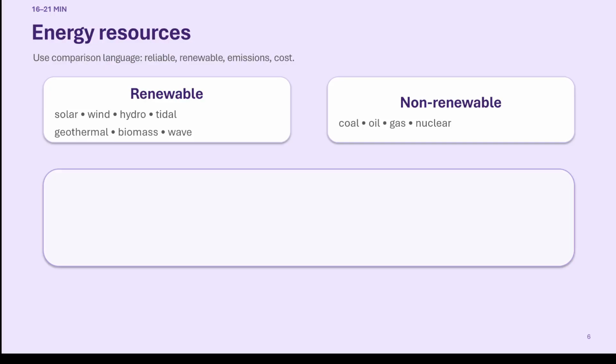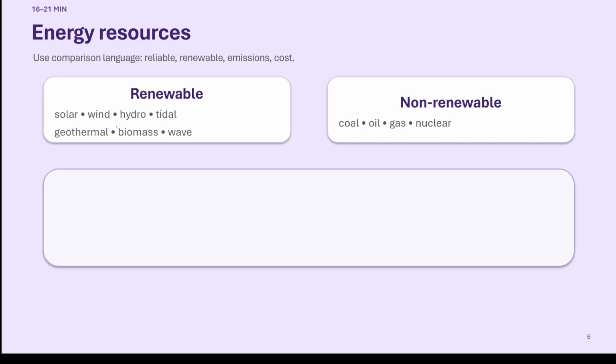Wind energy; hydro is the water energy; tidal is the energy of the tidal waves in the sea; geothermal is the energy inside the earth. Sometimes, near volcanic areas, the energy inside the earth is used to heat up water, and then that energy is used to create electricity. Biomass is when we grow plants and then burn those plants to create electricity. Waves, again, the waves of the sea are used to create electricity. So these are all renewable energy resources.